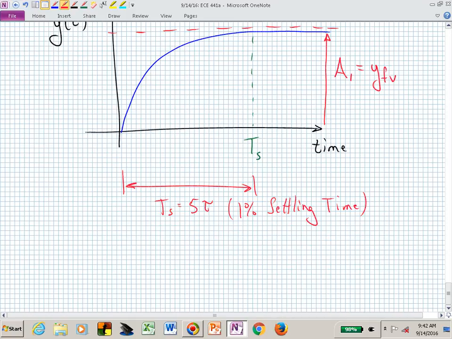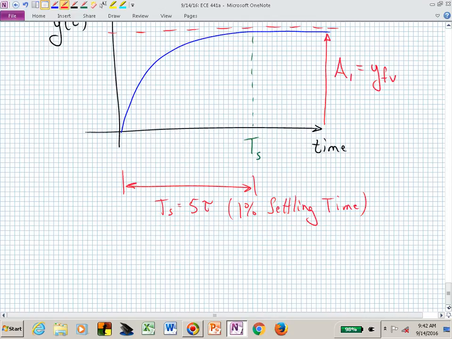Now we have a final value and a time duration to get close enough to that final value. And really, those are the only two data points that we need, other than what value of constant did you apply to the system. That's all we need to actually extract a transfer function for a first order system.